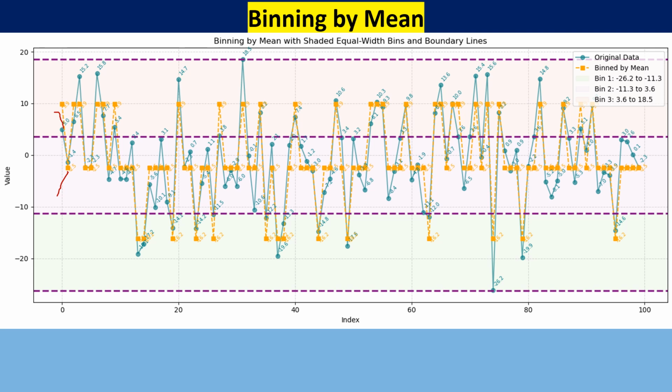The purple vertical lines indicate the start and the end of each bin, helping students visualize the boundaries. This method is useful for removing outliers and making patterns more visible.